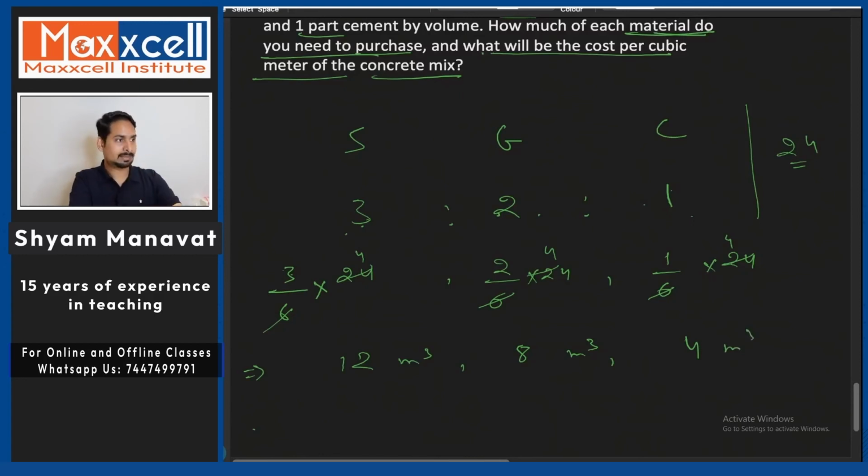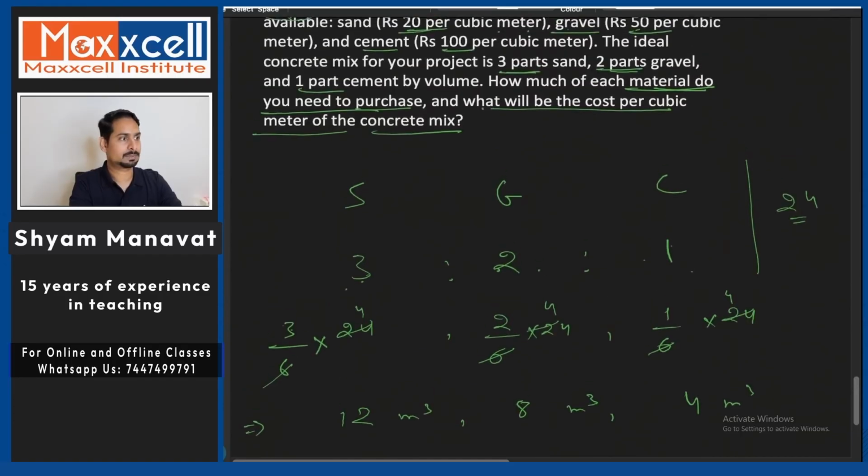This is the answer of the first part of the question, which is: how much of each material do you need to purchase? So I need to purchase 12 cubic meter of sand, 8 cubic meter of gravel, and 4 cubic meter of cement. No formula, simple application of ratio. Just look at this. All good?